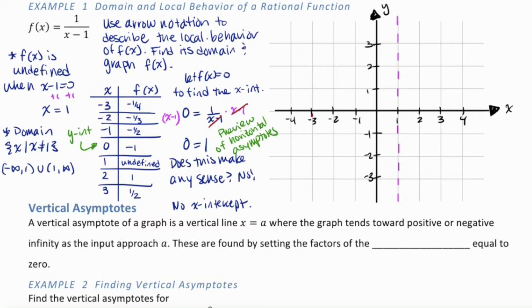At -3, we're at about a quarter. At -2, we're at about a third. At -1, we're at a half. At 0, we're at -1. At 2, we're over at 1. And at 3, we are at 1/2. So our graph will look something like this.